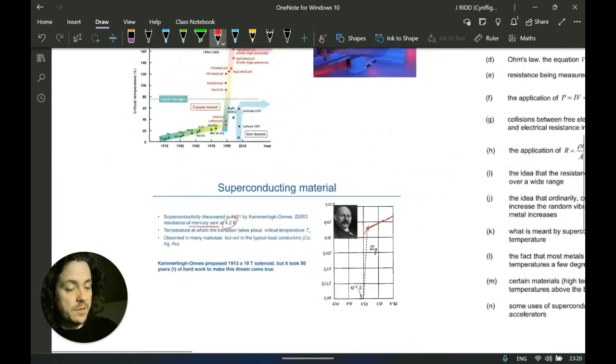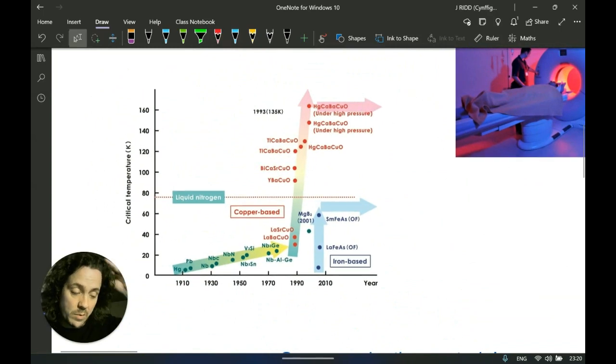And just to take it one step further, we have since, of course, discovered that there are many, many metals and mixtures of metals that will produce this phenomenon of superconductivity.